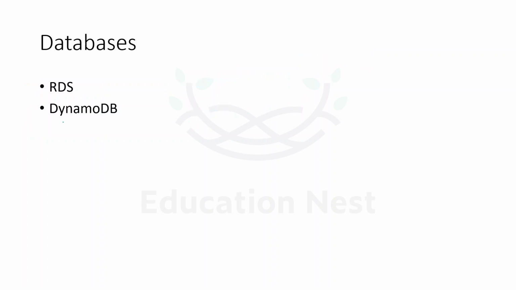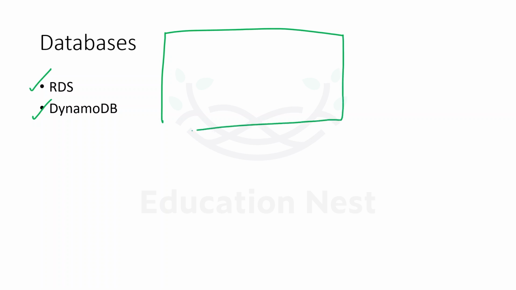The next topic is recovery plan for databases. So we'll be talking about two databases over here, RDS and DynamoDB. For RDS, we know that we have multi-AZ deployment and multi-AZ failover. What happens in multi-AZ deployment? We have a region, and let's say two availability zones.